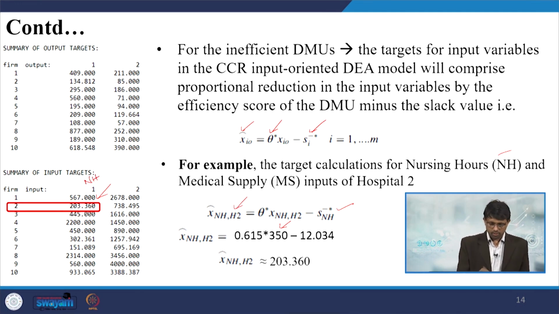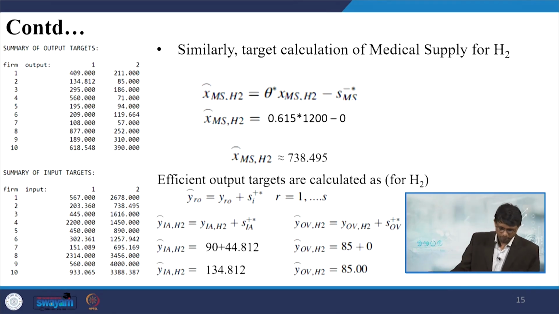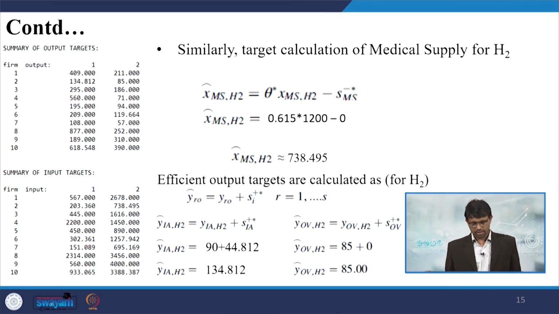So, we can also calculate for the MS. For the medical supply, you just apply the values. We already mentioned this is 0.615 times, in this case 1200, because the medical supply input was 1200, and in that case the slack was 0.